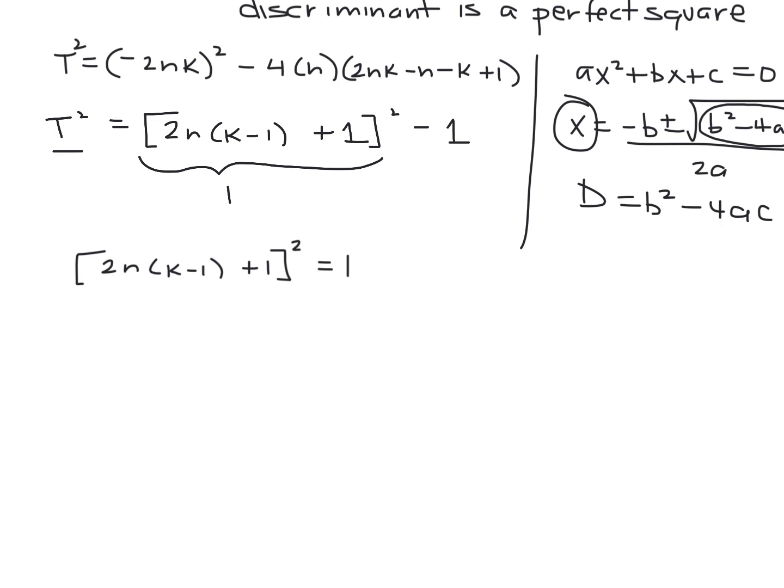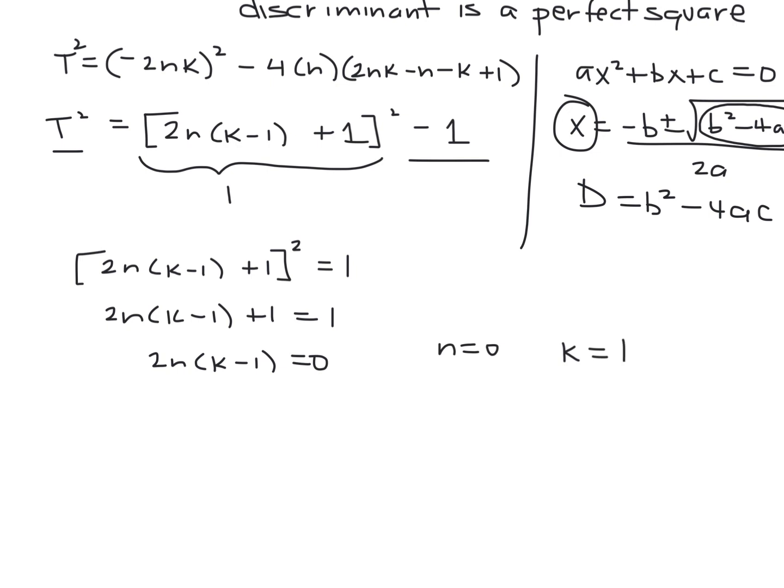Because if that's equal to 1, then this minus 1 would make it 0, and 0 is a perfect square, right? So let's see if this can work. If that is equal to 1, then that means that 2n times k minus 1 plus 1 can be equal to 1, right? When you take the square root. And therefore, 2n times k minus 1 is equal to 0. So that means either n is equal to 0 or k is equal to 1. Correct?